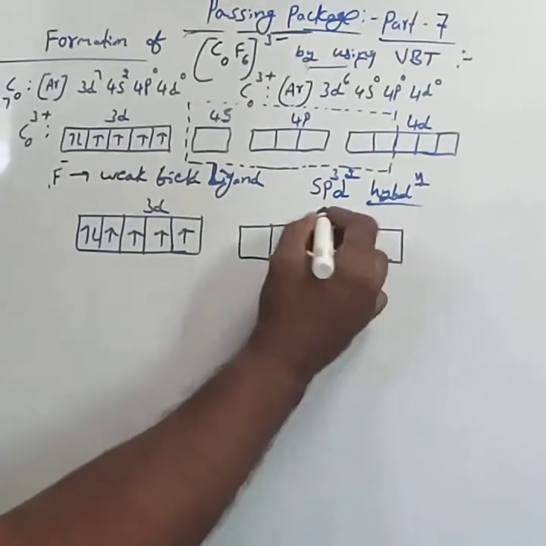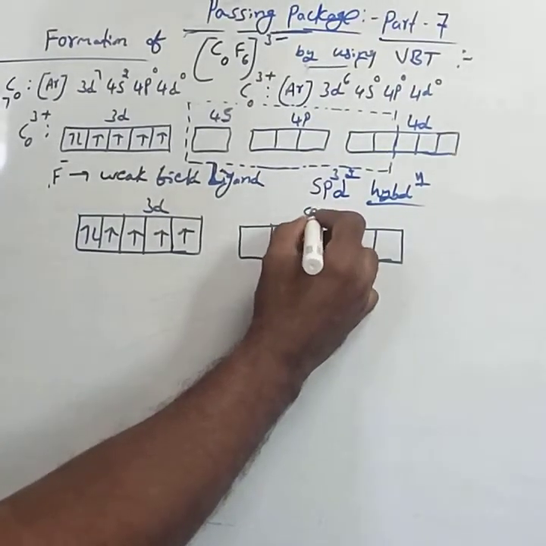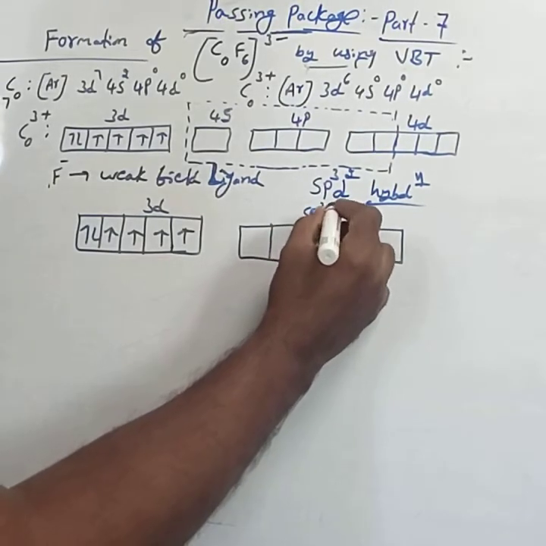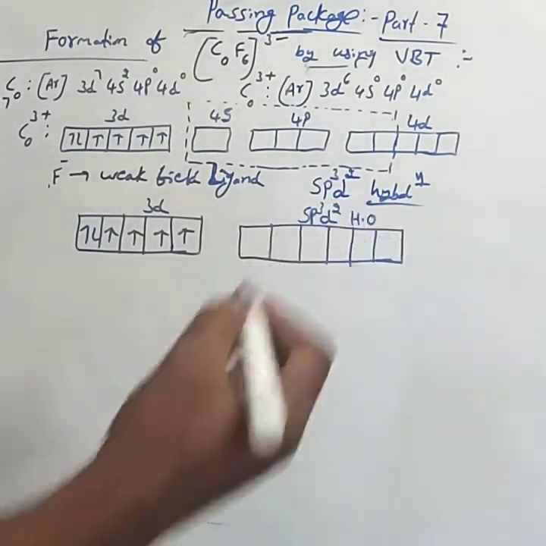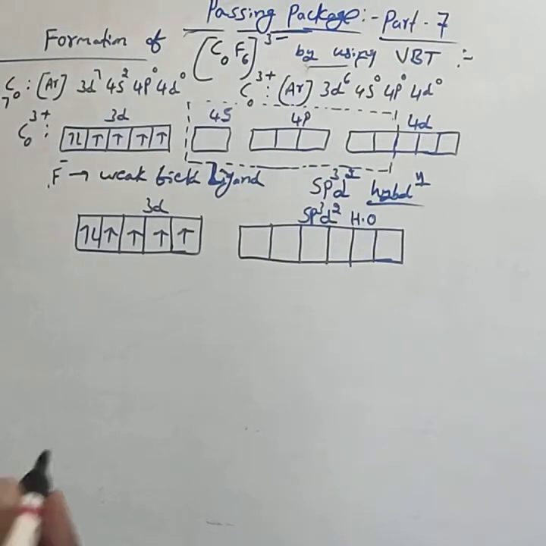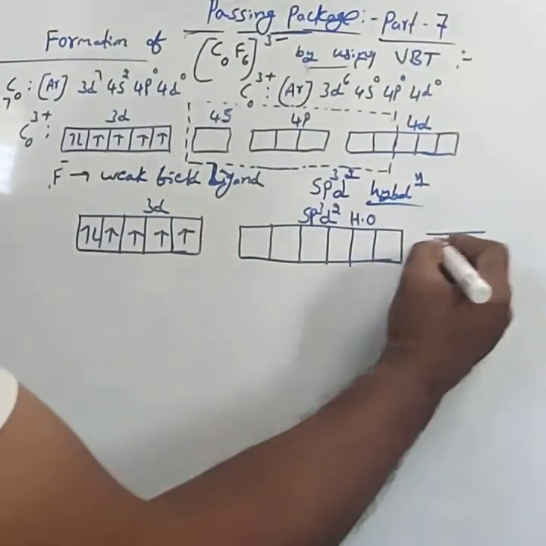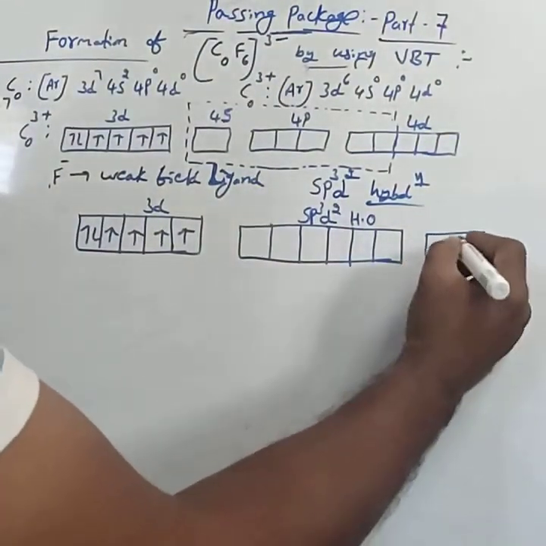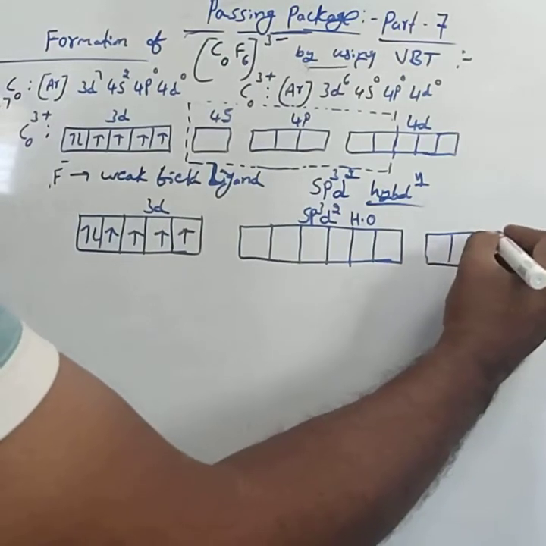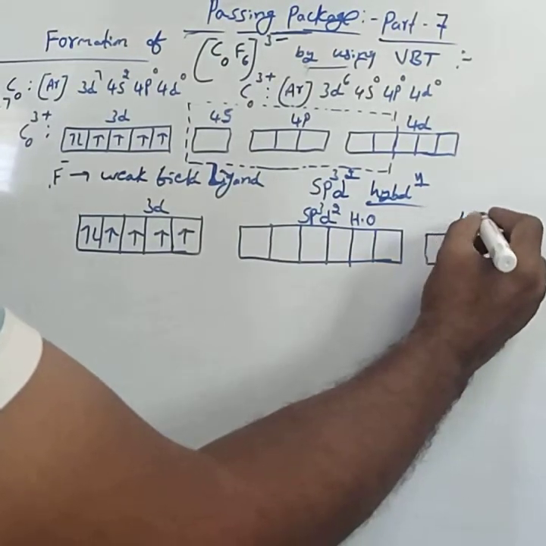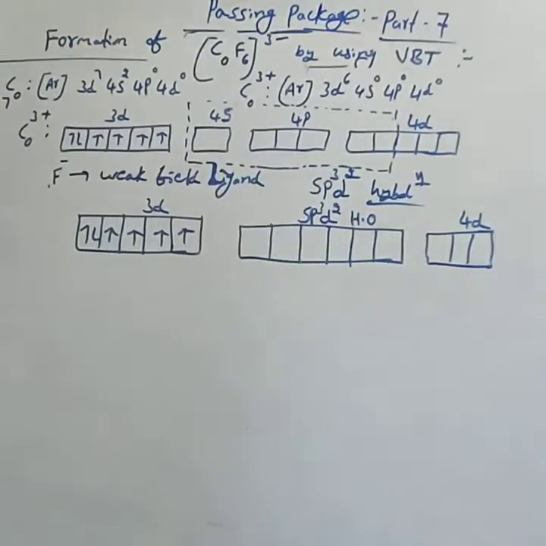These are vacant sp3d2 hybrid orbitals. Then the 4d orbitals are not involved in hybridization. They are vacant. These are the 4d.